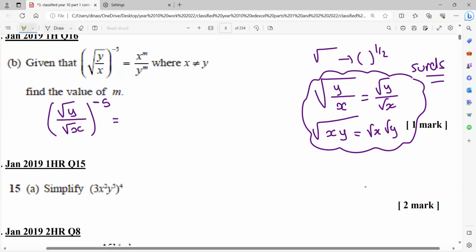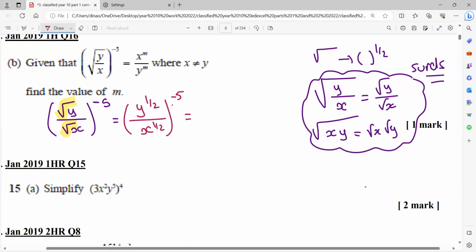And then to fix the problem, which is the root, we said it so many times in this video that the square root is changed into power half, always and forever.